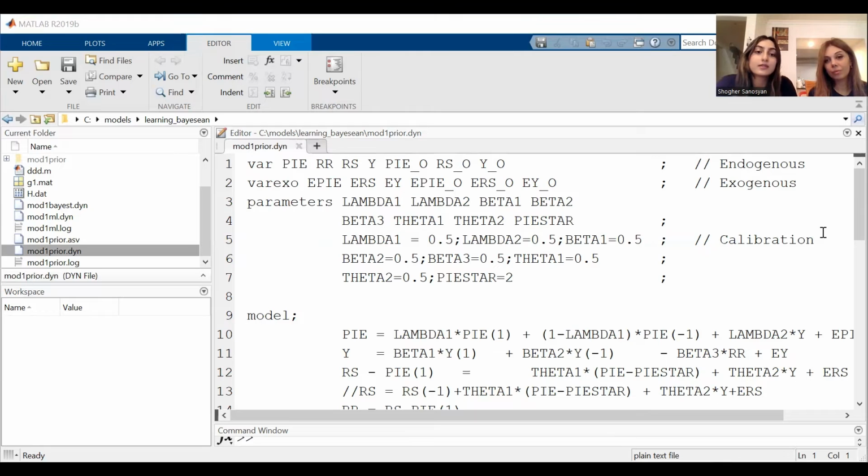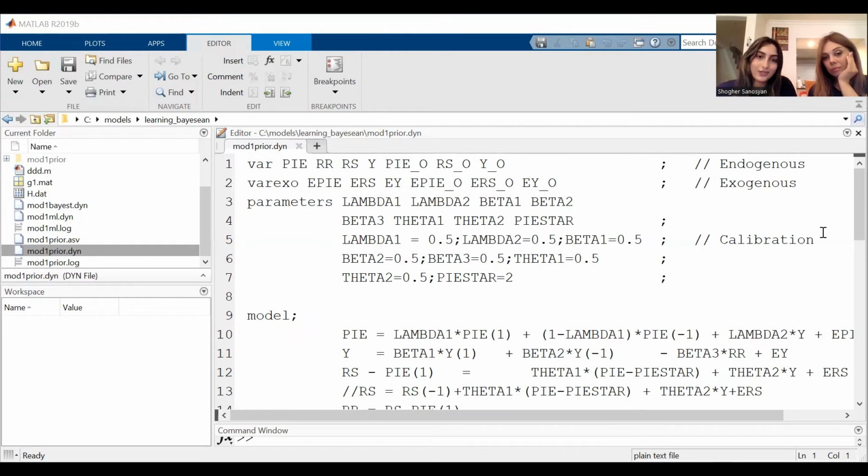They allow economists to represent economic models using equations, just like the ones you would find in research papers. Of course, there are little differences, like instead of using the mathematical symbol pi for inflation, we use pi with E.